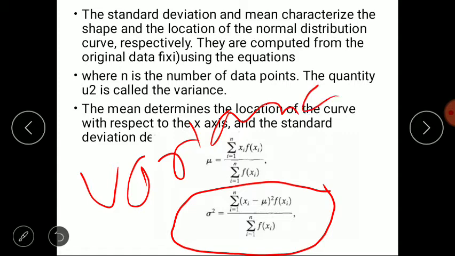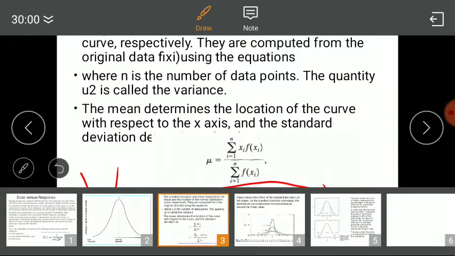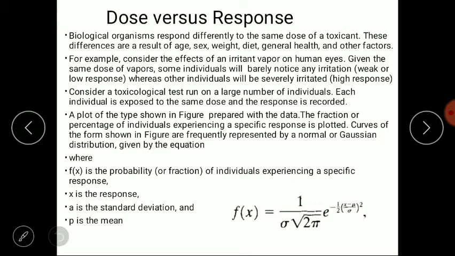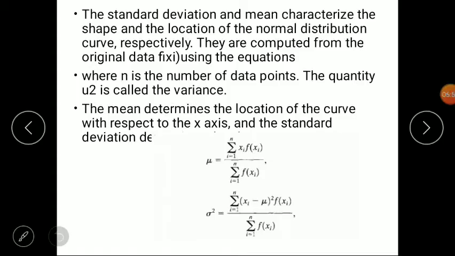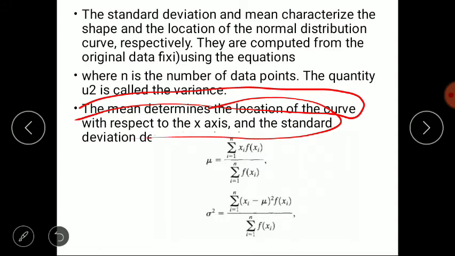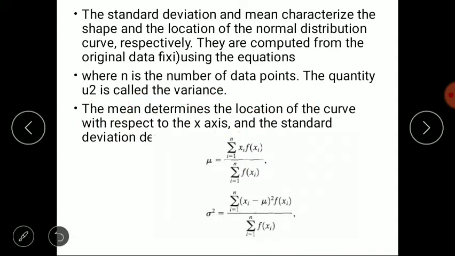From the Gaussian law we can get the values of mu and the standard deviation or variance. In this equation, n is the number of data points, and sigma squared is the variance. The mean determines the location of the curve along x, and the standard deviation determines its shape. This is how the curves are plotted.